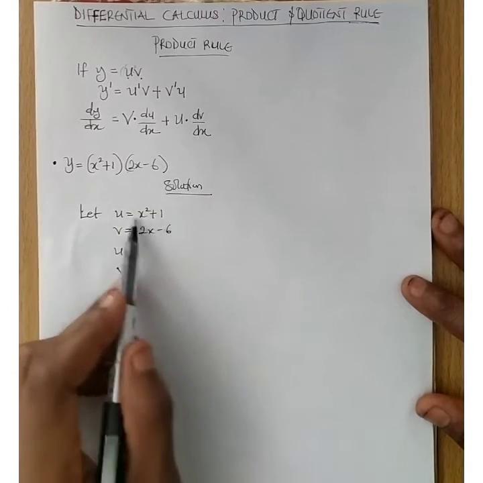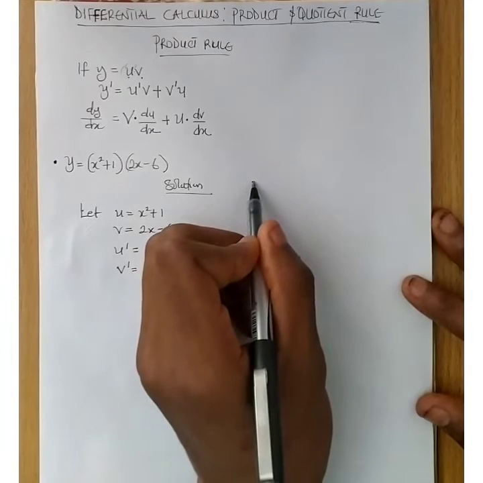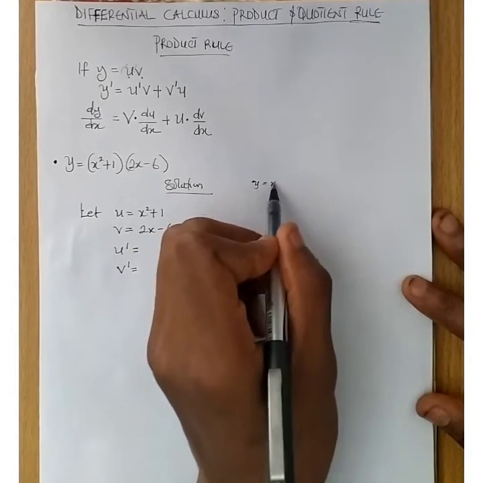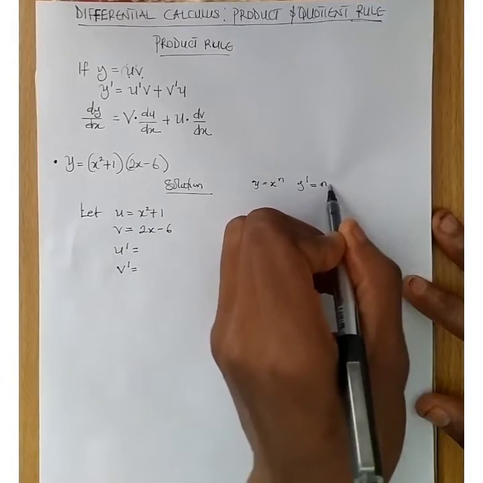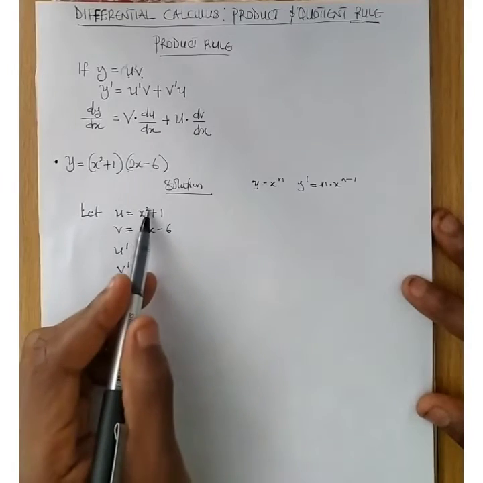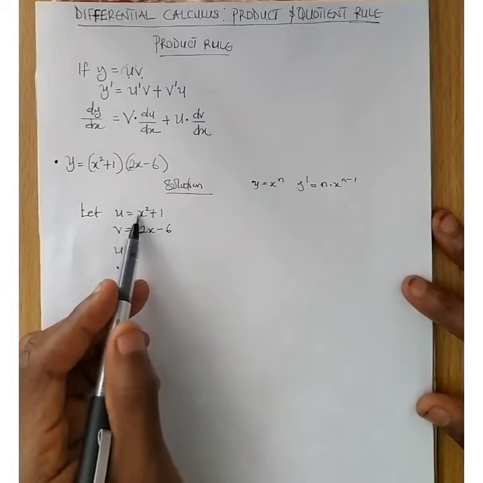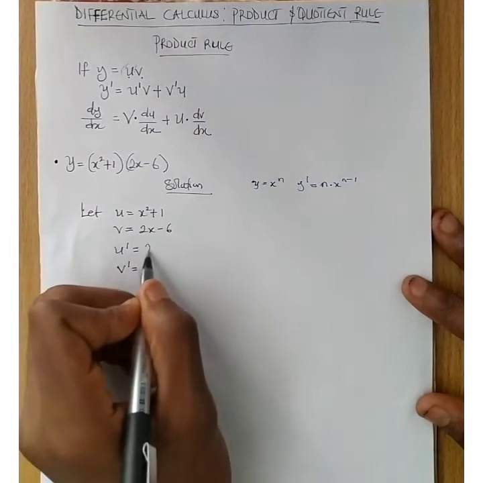So if I differentiate this using power rule, power rule says what? If you have a function y is equal to x to the power n, the derivative is going to be n times x raised to power n minus 1. So I'm going to have 2 times what? 1x raised to power 2 minus 1, which will give me 2x.